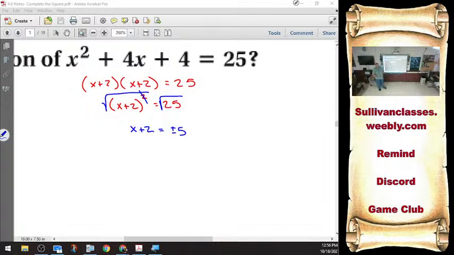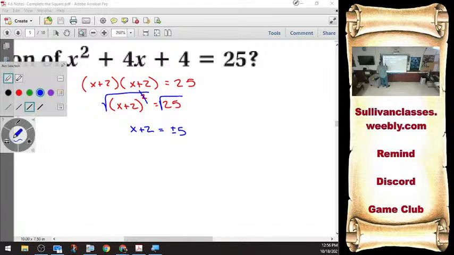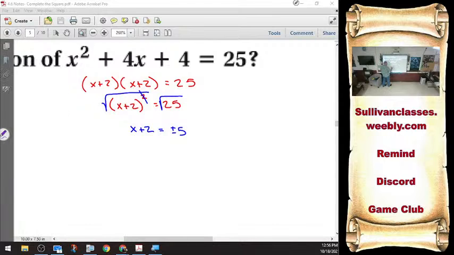I still have to finish it off, though, by getting x by itself. What? No. Bad. -2 plus or minus 5. You can't just get one answer and then say plus or minus that answer. Because what's -2 plus 5? 3. What is -2 minus 5? -7.